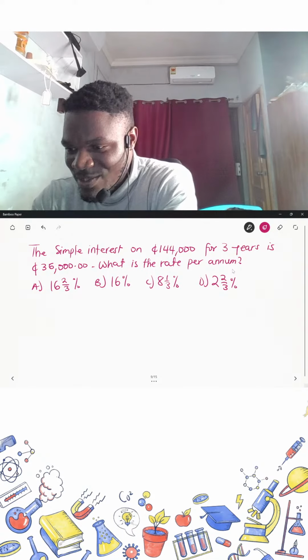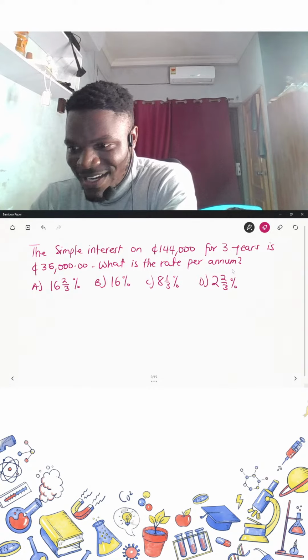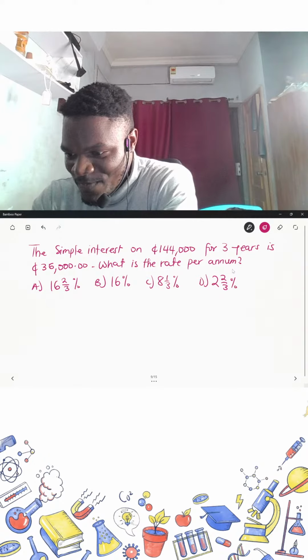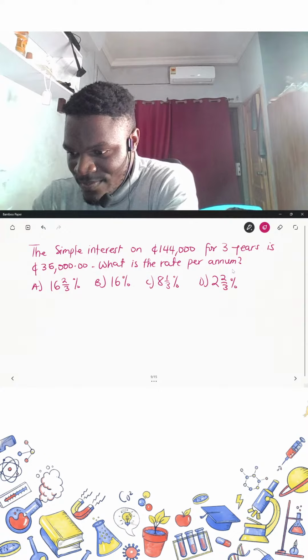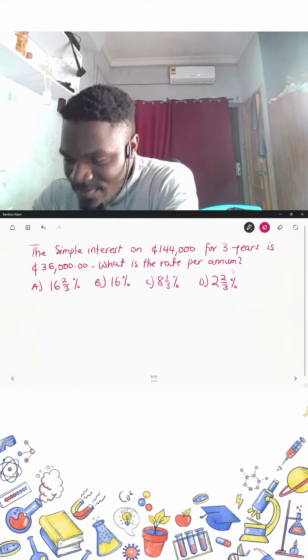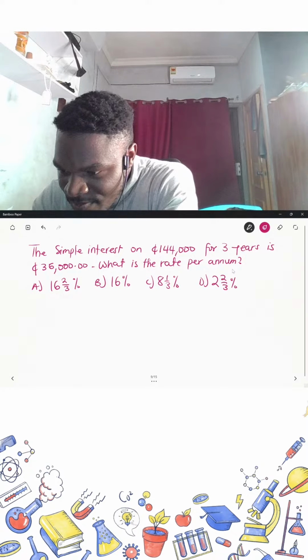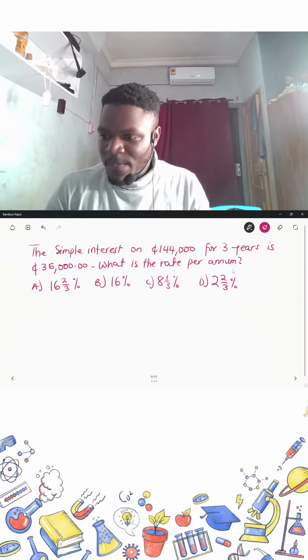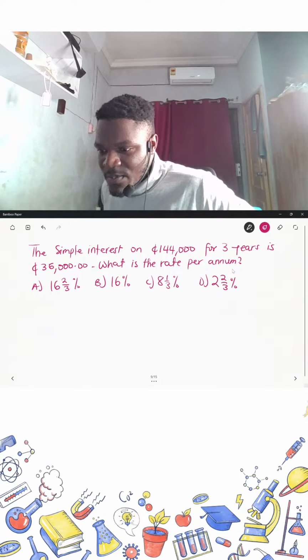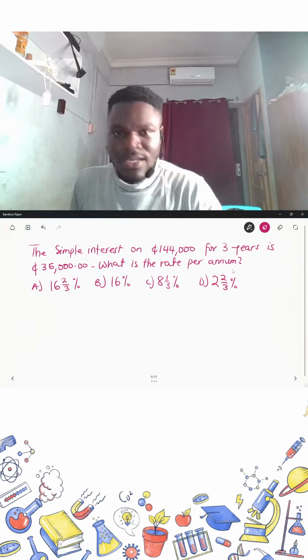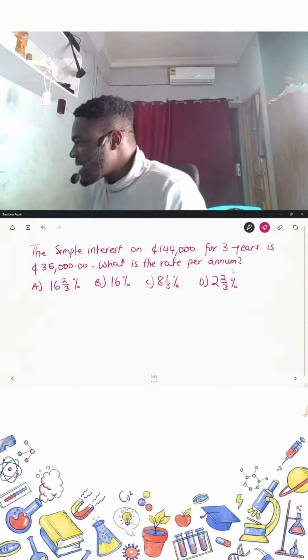Whilst you are solving the question, we can be chatting. Brain is giving the formula: simple interest is principal times rate times time all over 100. Yes, that is true. So please find the rate and give us the answer.